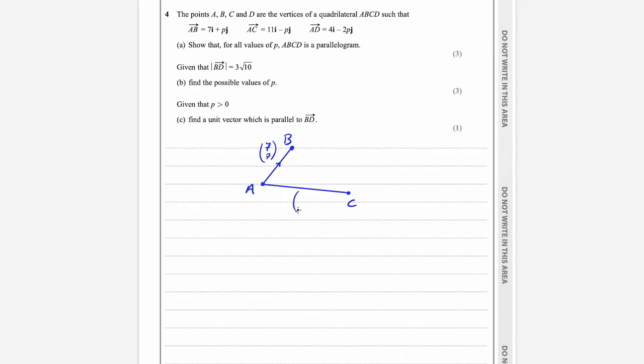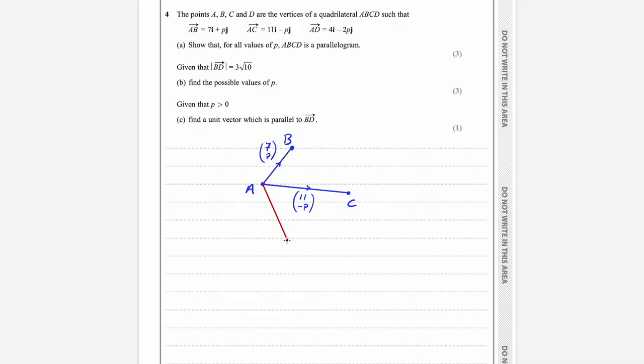This is C, so this vector here is 11 negative P, like this, and then AD is 4I minus 2J, so this is 4I minus, okay, so this is here, and I don't know where we're going, somewhere like minus 2PJ.